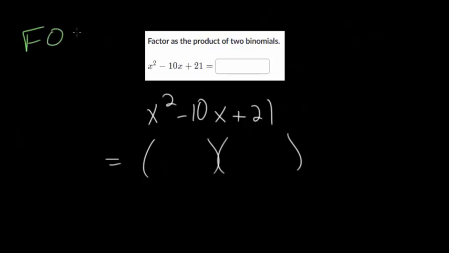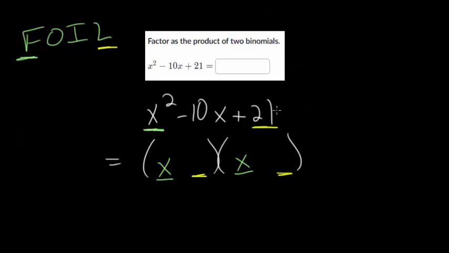And as above, we will continue using this FOIL method, but essentially in reverse. And so we know that the first terms, this one and this one, multiply to give us x squared. So in this case, they would have to be x and x, since those two multiplied together do give us x squared. And we also know the last terms multiply to positive 21. So this term and this term have to multiply to give us 21.